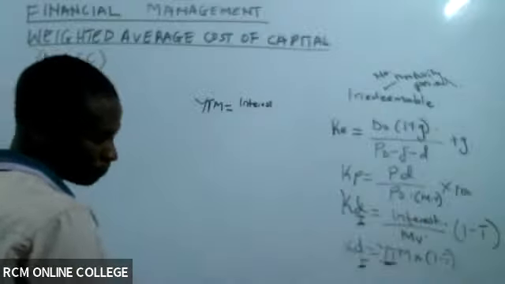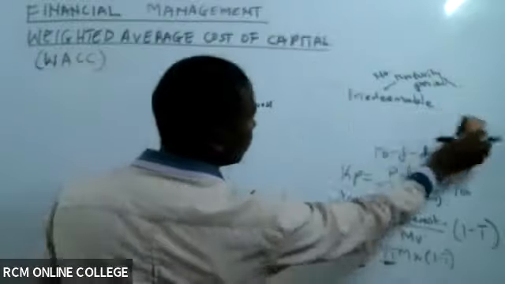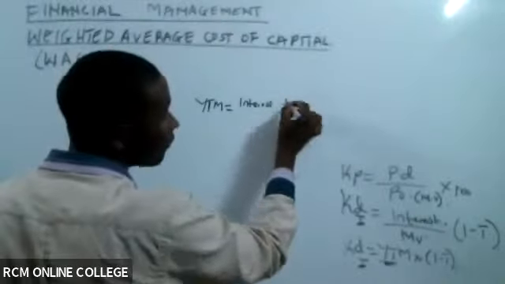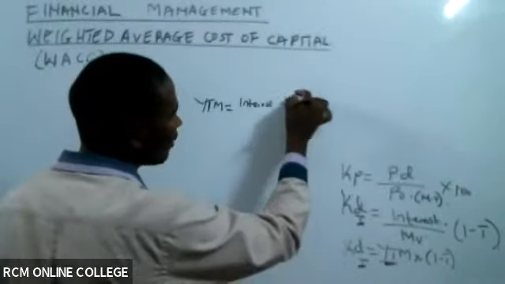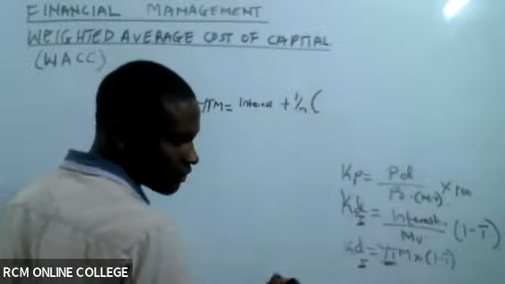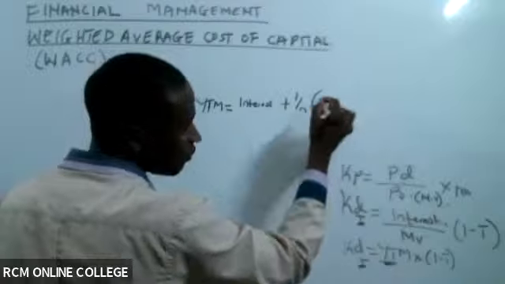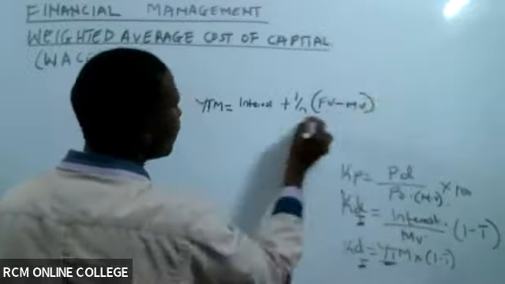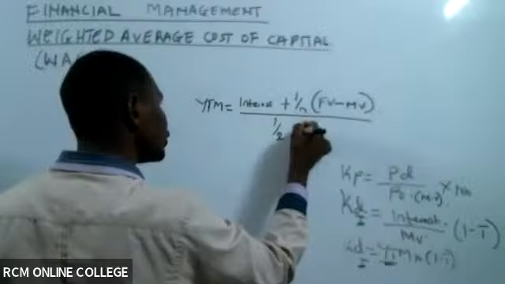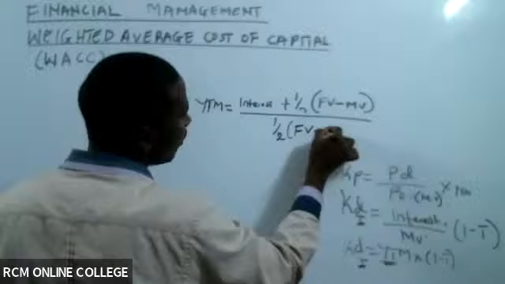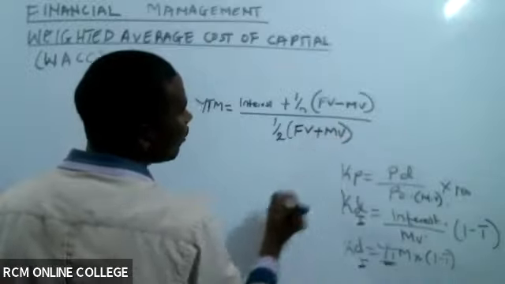Then you add 1 over n into bracket, par value or fair value minus market value, then divide by a half of fair value plus market value, and that will be it.